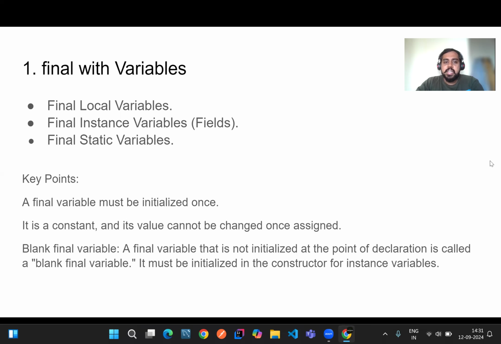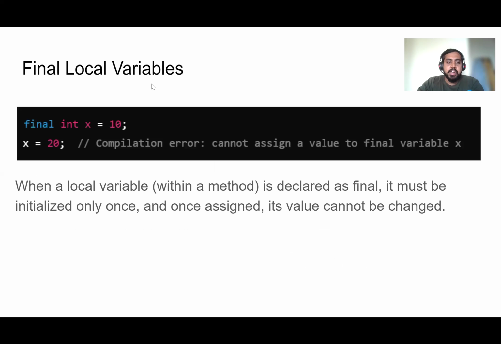Let's see an example so you get a complete idea. First, we'll see what a final local variable means. A local variable is declared within a method, and if it is appended with the final keyword, it is called a final local variable.